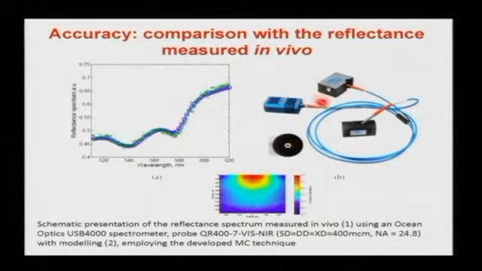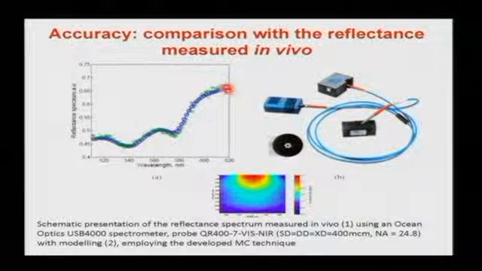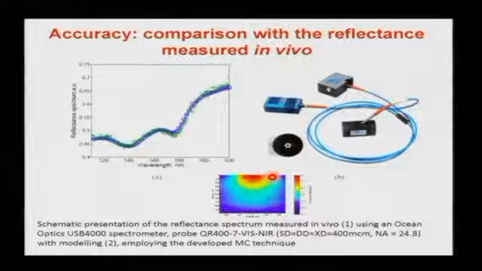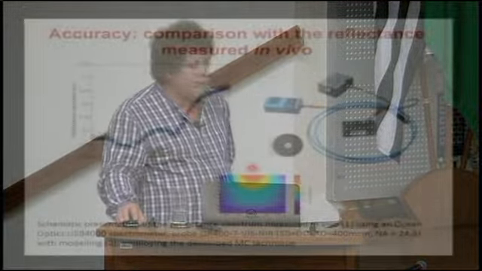For example, here the Ocean Optics standard spectrophotometer with that probe, we're able to imitate the reflectance spectrum for that probe. And our particular interest was, what do we really measure under the skin? With Monte Carlo, we're also able to observe the localization of the detector signal within the medium, meaning where the light is actually coming from to the detector, and we call it the sampling volume.